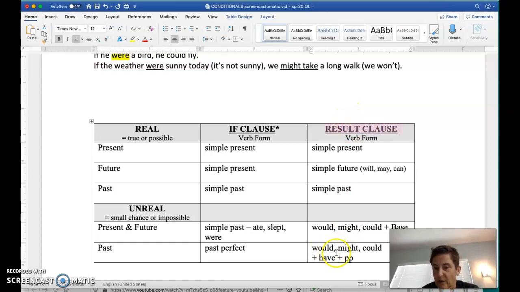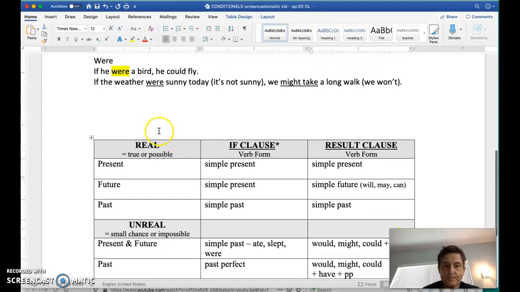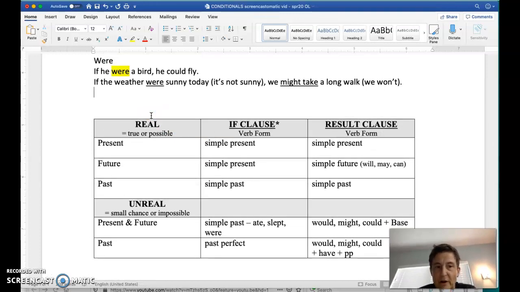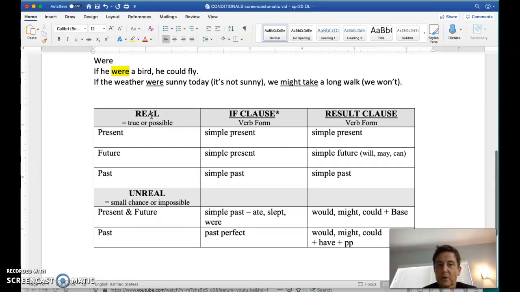and then in the result clause, we have modal might plus base verb take. So that's something special you have to remember about the be verb. Only for unreal, not for real. Real, we still do everything normal.